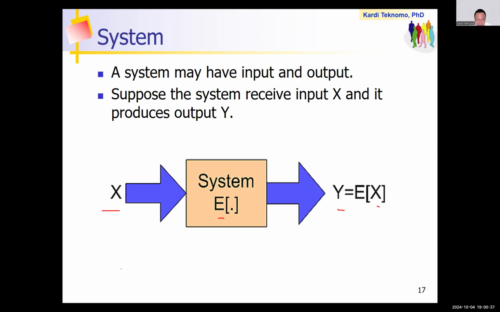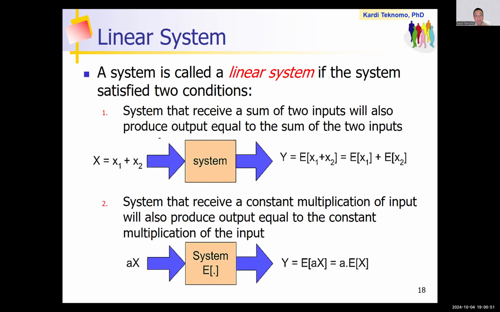Now, when we say a linear system, a system is called linear when these two conditions are satisfied.